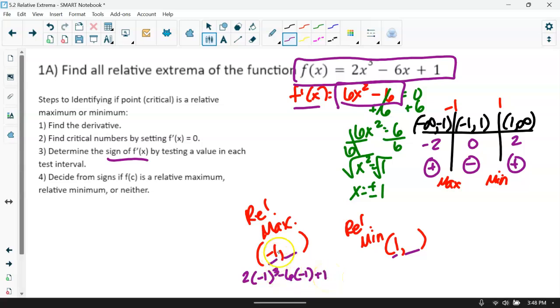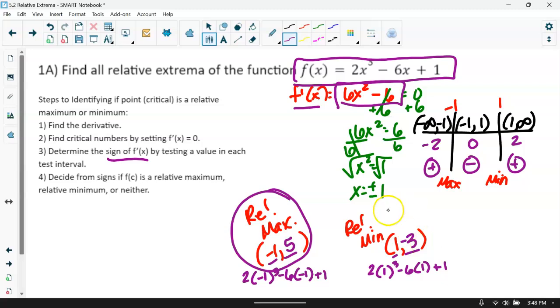So notice here you should get 5. That is the relative maximum point. So then here, when you plugged in 2 times 1 cubed minus 6 times 1 plus 1, you end up with negative 3. That is the relative minimum.